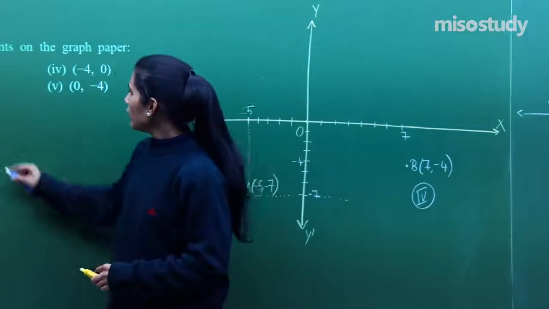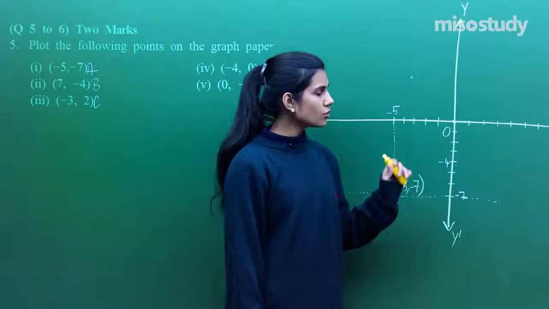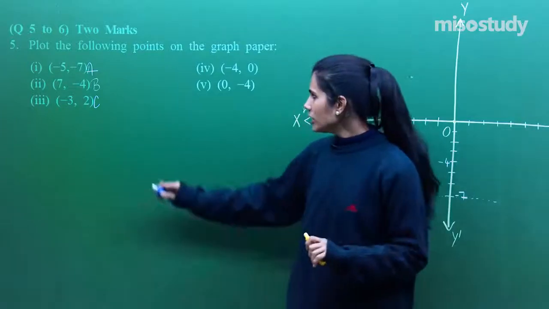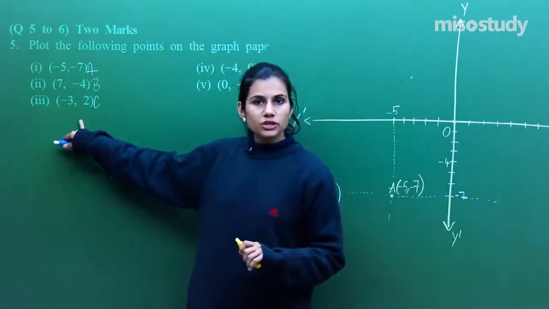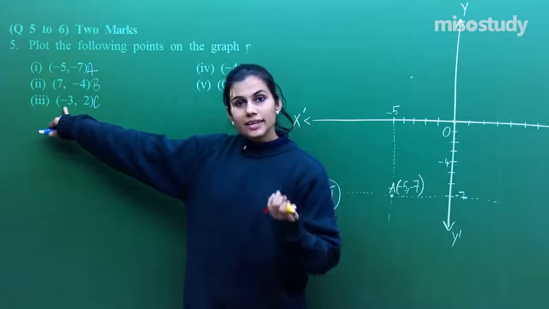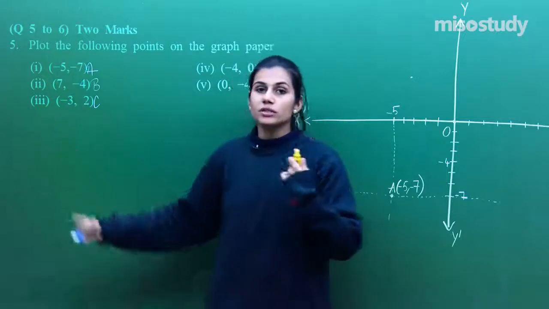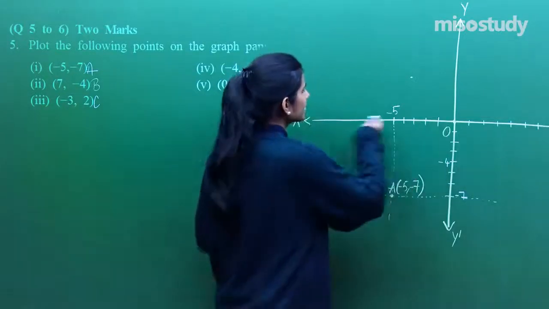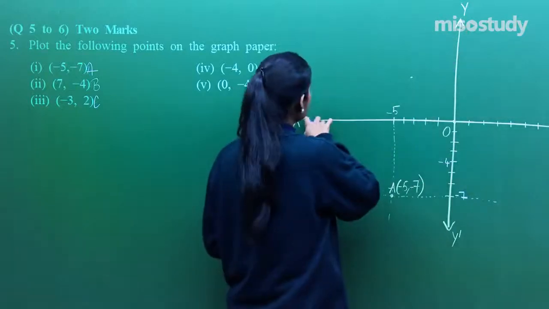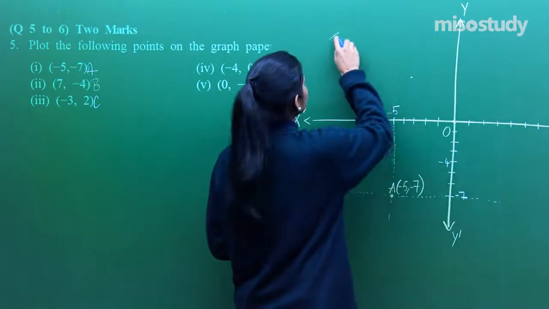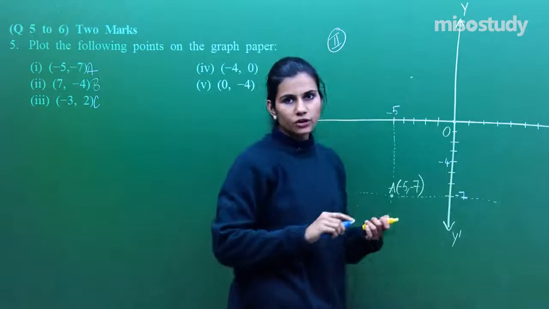Right? Then you have (-3, 2). So what did we have to plot? We have to plot C, that is (-3, 2). -3 means the negative x-axis and 2 means the positive y-axis. Negative x-axis, positive y-axis, the quadrant is X'OY. That means my point C is going to lie in the 2nd quadrant.